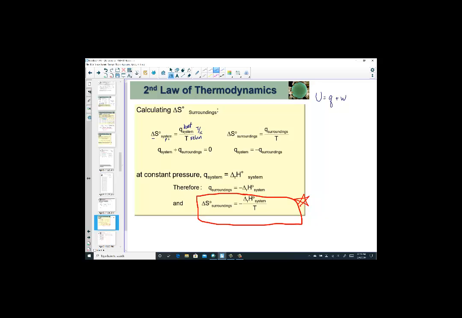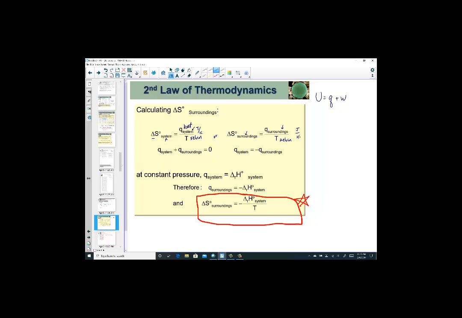If we're focused on the system, the heat is focused on the system. Or we can turn our attention to the surroundings. The entropy of the surroundings is equal to the heat of the surroundings over the Kelvin temperature. That also gives us the joules per Kelvin unit assigned to entropy.